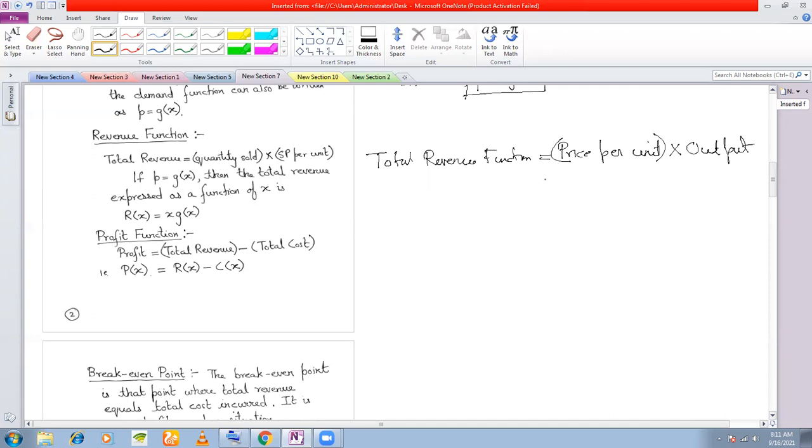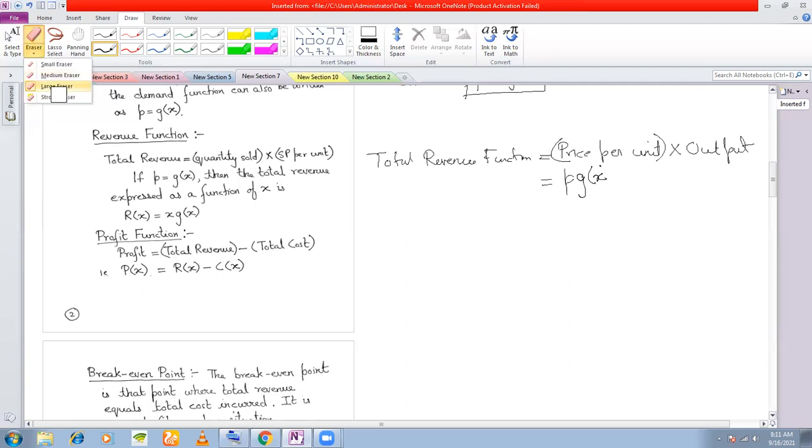So price per unit is P, and the output is X, and P represented as a function of output in terms of the demand function is g(x).